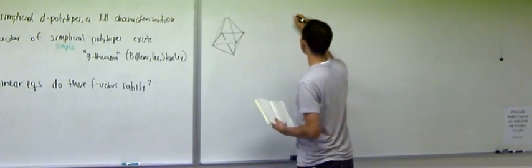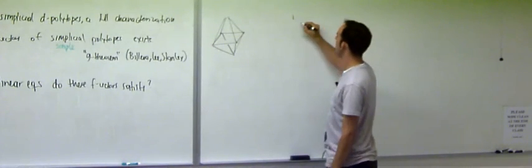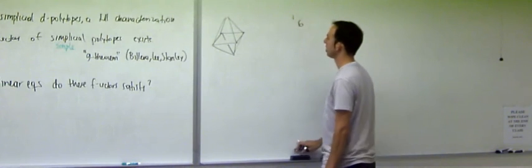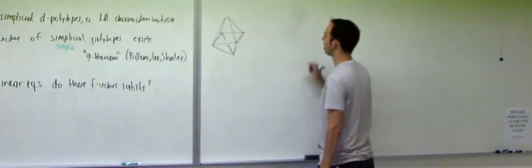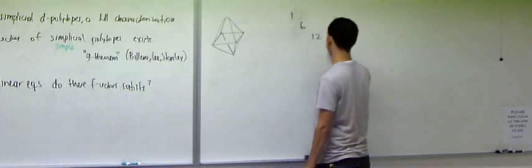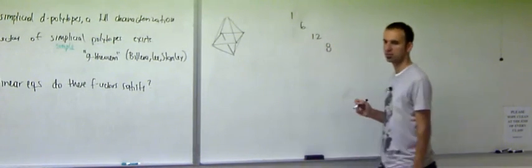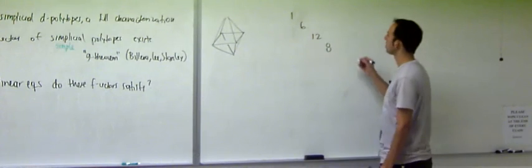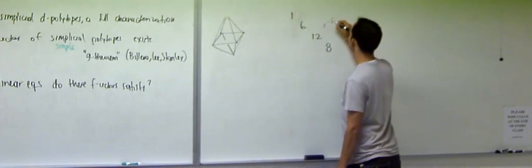So there's one empty set. There's 6 vertices. There's 12 edges, and there's 8 two-dimensional faces. Right? So this is the F vector.